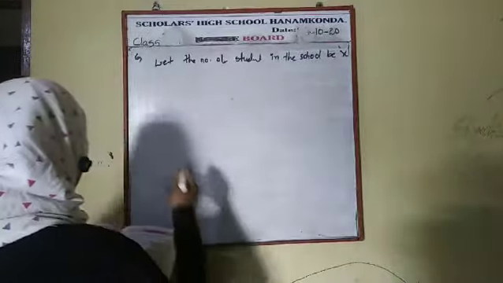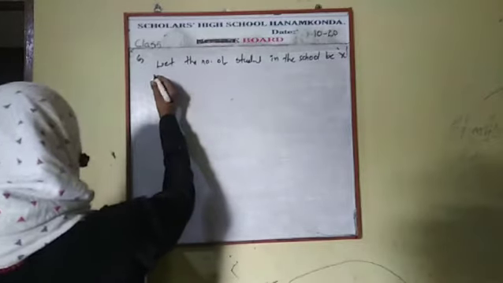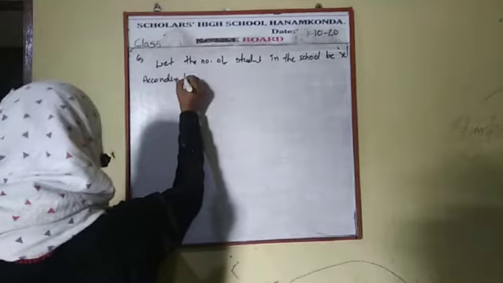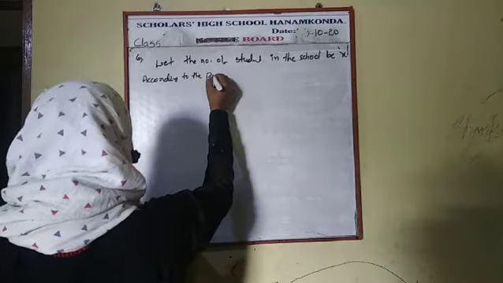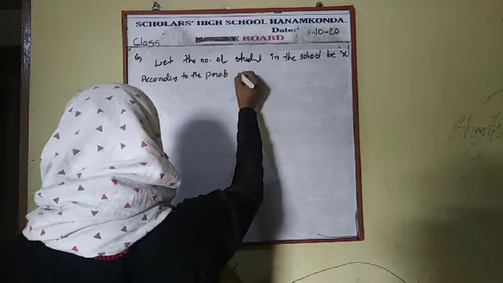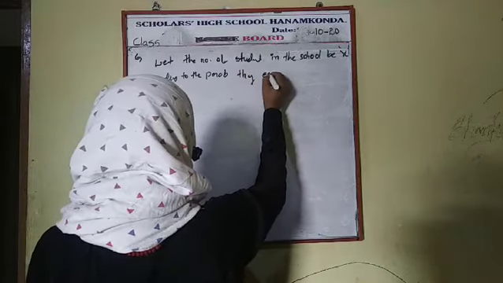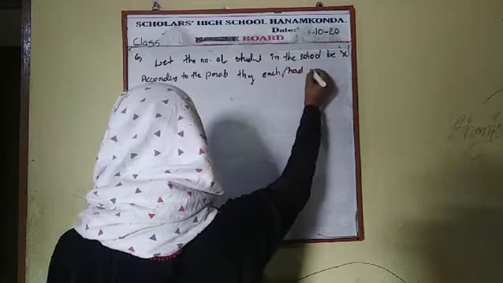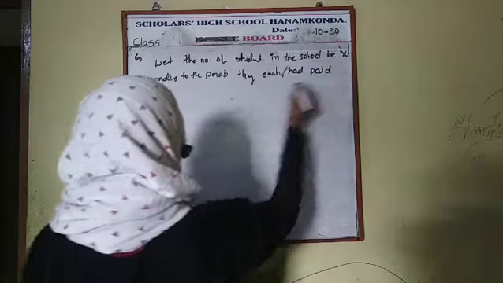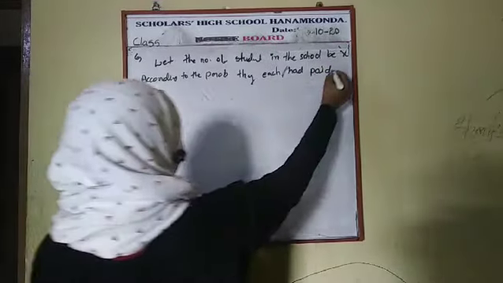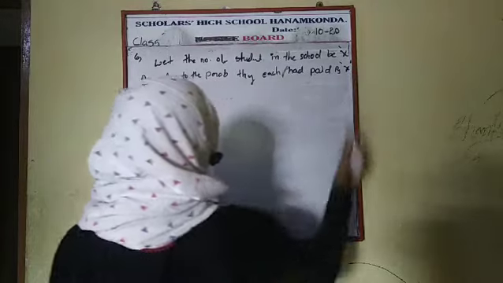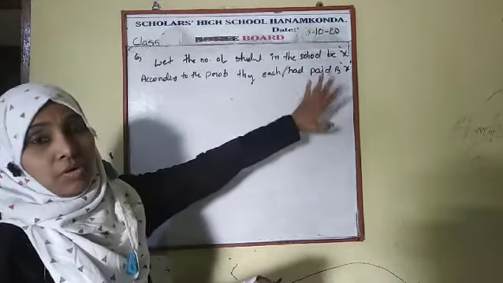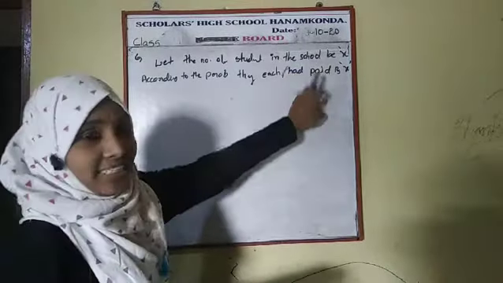According to the problem, they each had paid rupees, how many beta? They are also x only. The number of students in the school, that much amount each one is paying. So both are x only.